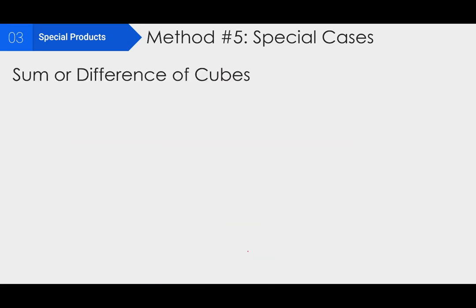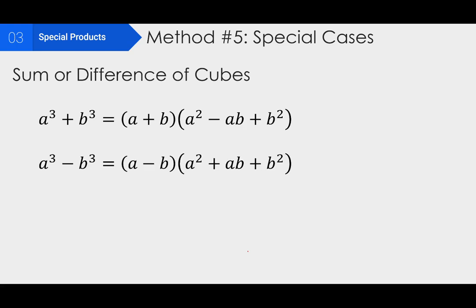What if, though, there are cubes? So here is a formula to remember. We have both if there's a sum and if there is a minus for the difference of cubes. And so we're going to follow this pattern. Whatever is being cubed, so you can just cube root the first term, is going to go in the first parentheses.